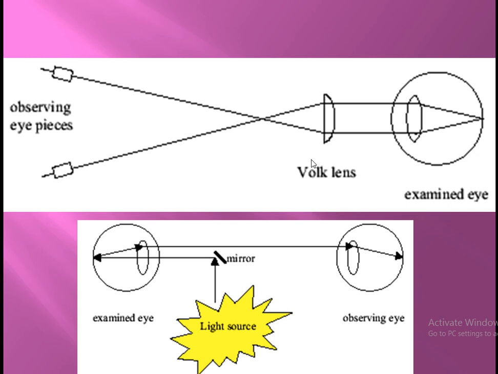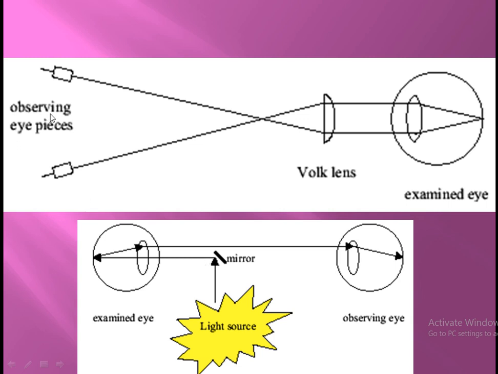This is the more detailed picture of the direct and indirect ophthalmoscopy. This is the lens used in the indirect ophthalmoscopy, which is placed at some distance from the patient's eye. Compared to this, the light source, mirror, and the observing eye are all in line.